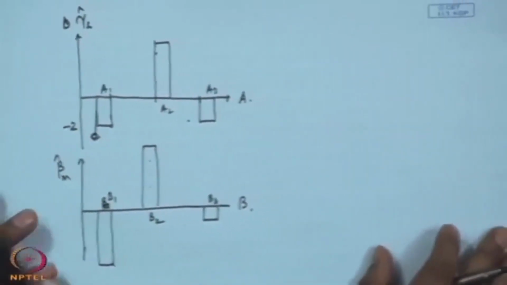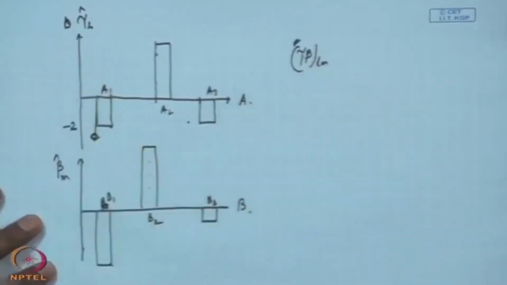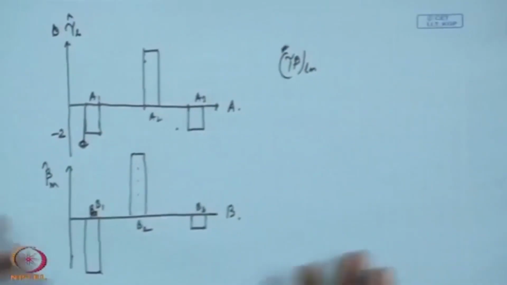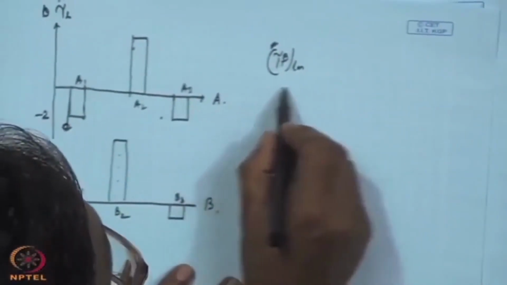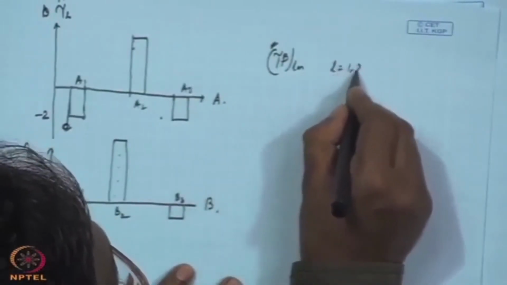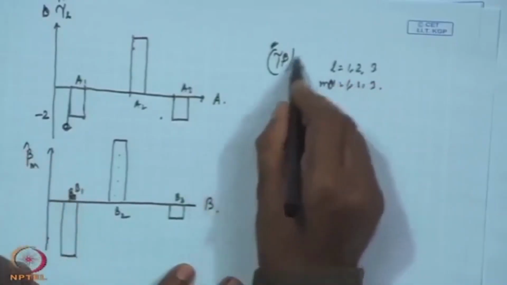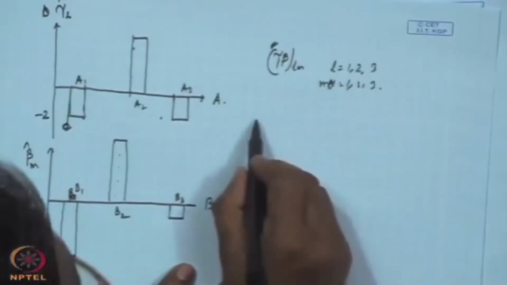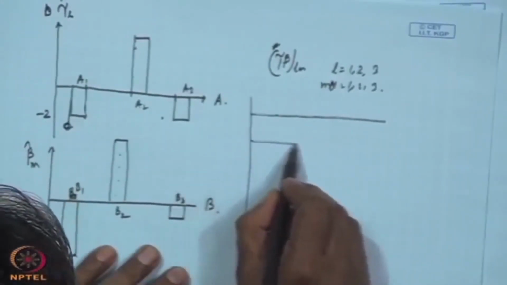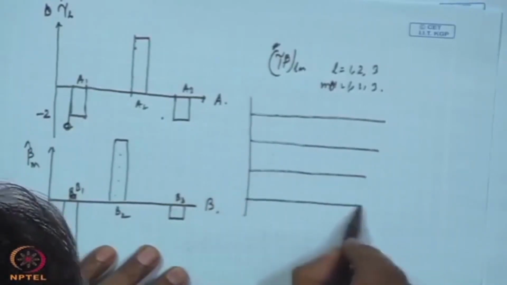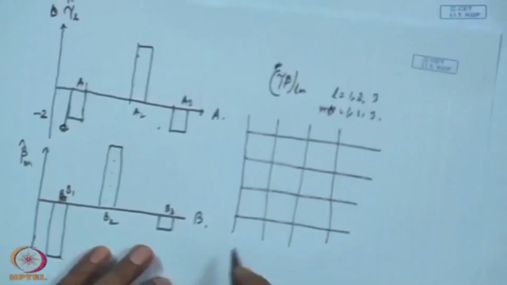Okay. Now, what will be the tau beta Lm? How do you compute tau beta Lm? L equal to 1, 2, 3, small m equal to 1, 2, 3. So, your combinations will be 9 combinations. So, ultimately you will be getting a table like this, where suppose 1, 2, 3, then 1, 2, then 3. So, what is required?